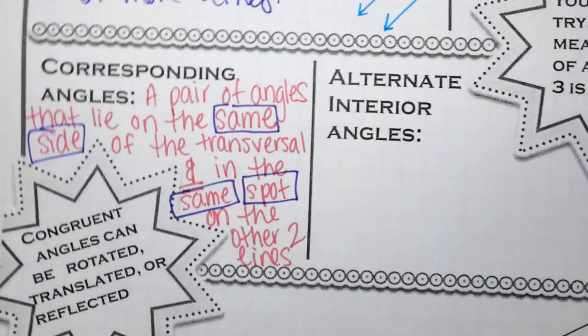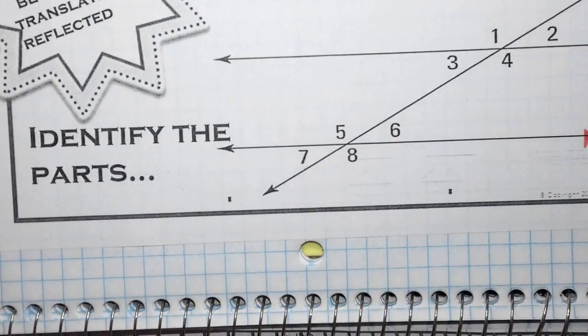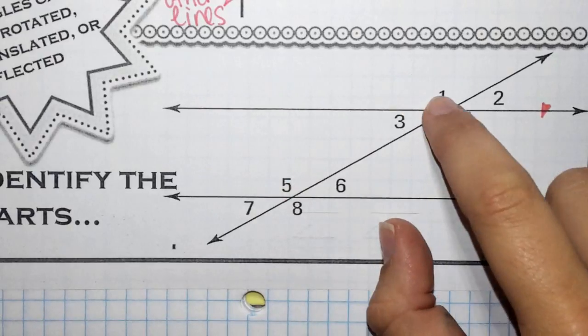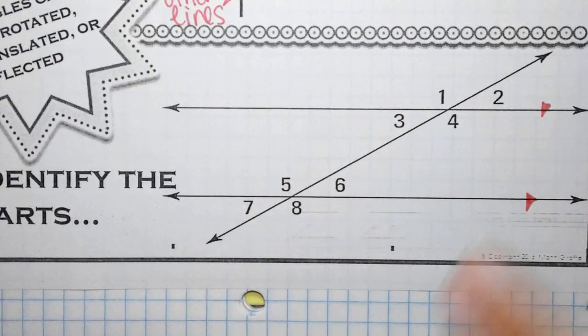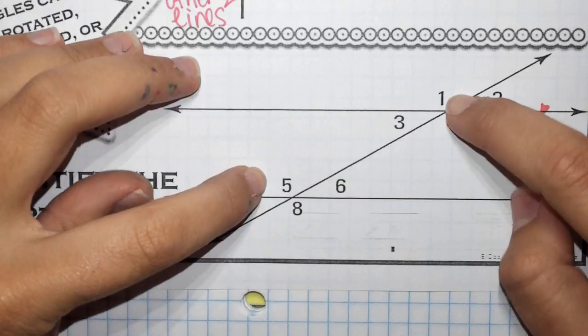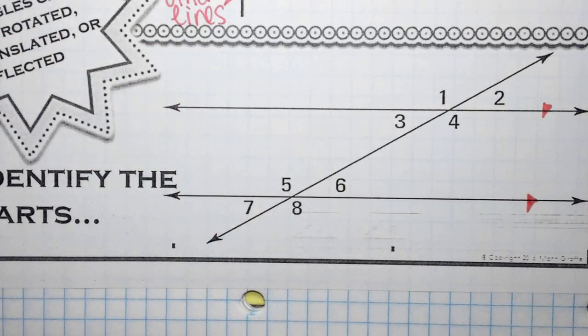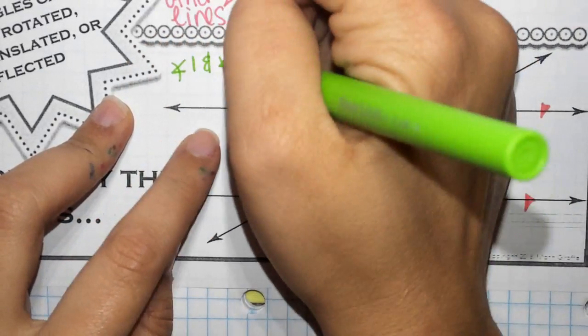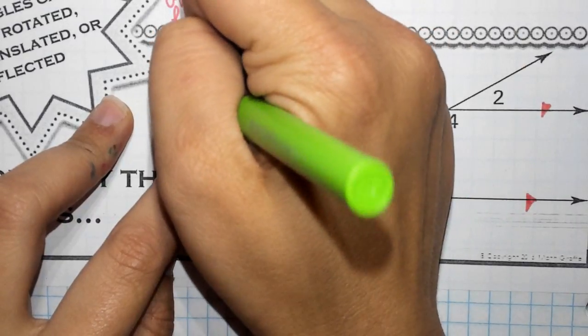All right, so let's look at our picture and let's identify corresponding angles. They have to be on the same side of the transversal. So somebody tell me 2 angles that are on the same side of the transversal. Catherine. 1 and 5, yes. Now, they're on the same side of the transversal. Are they also in the same spot for the other 2 lines? Those are corresponding angles. Angle 1 and angle 5 are corresponding. So let's write that.